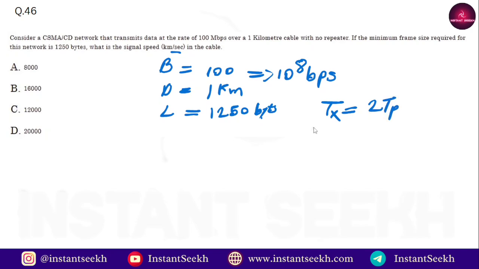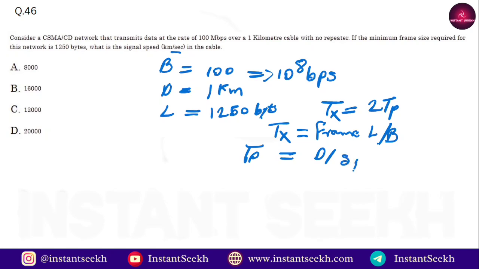Here Tx is the transmission delay, which is equal to frame length divided by bandwidth, that is L divided by B, and Tp is the propagation delay, that is distance divided by speed of signal.